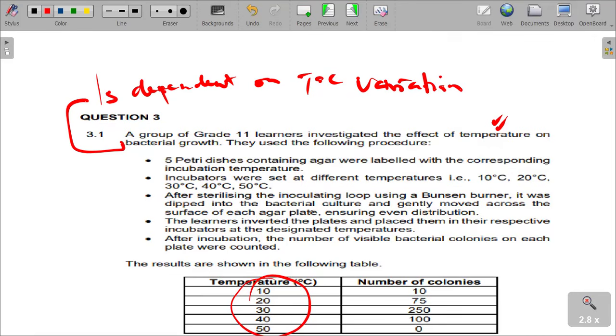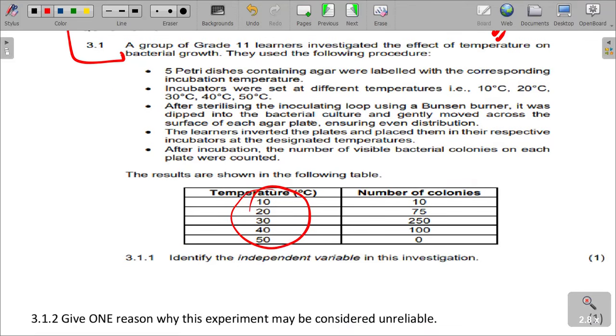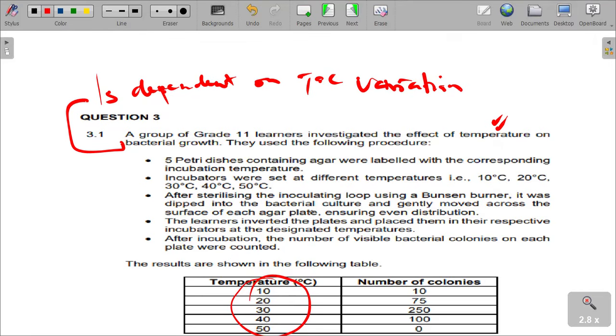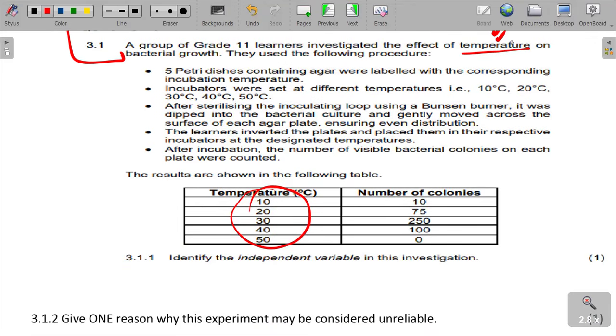So when you look at an investigation, you always need to understand that the independent variable is found when we talk about what the investigation was done to. In most cases it has to be the beginner, when we talk about effects of it is temperature that is affecting bacterial growth.